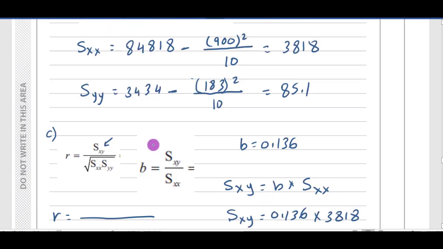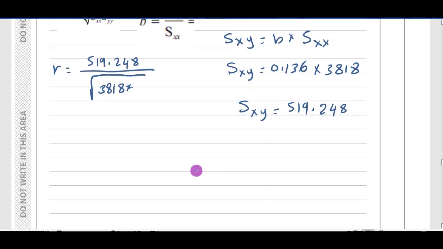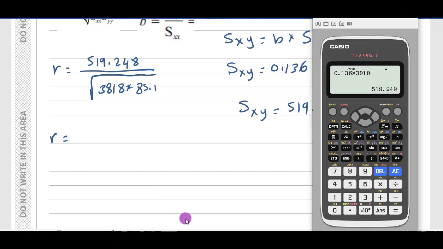So R is equal to 519.248 divided by the square root of 3818 multiplied by 85.1.